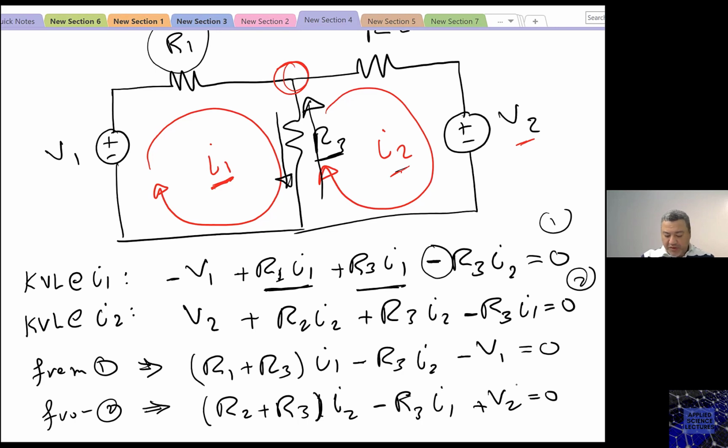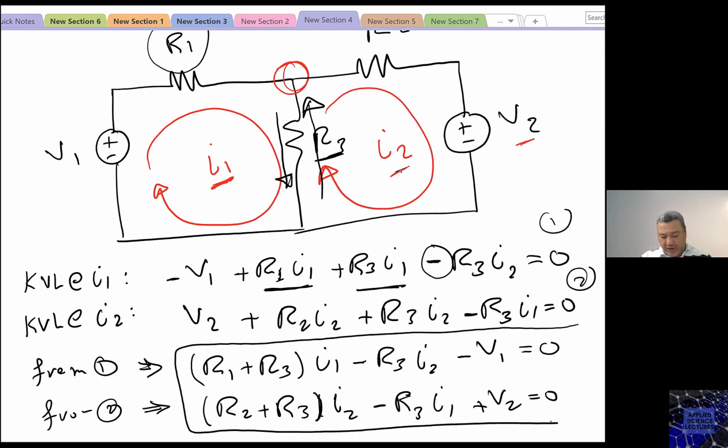Okay, so those are the two mesh equations that we have talked about.